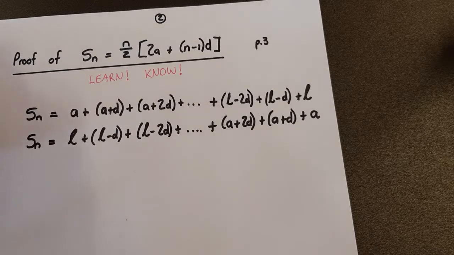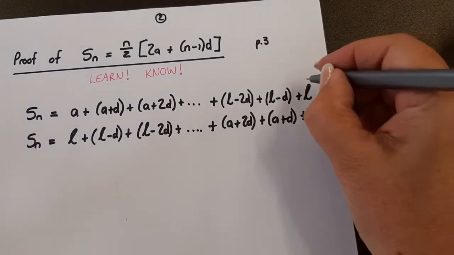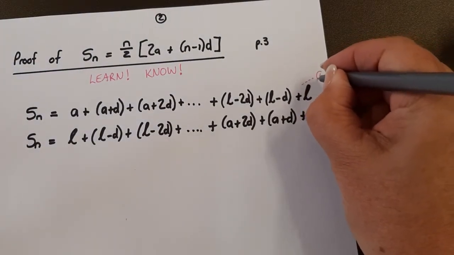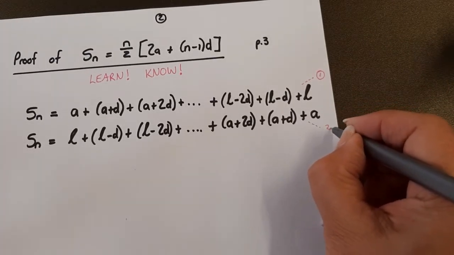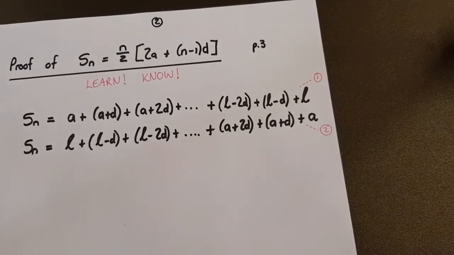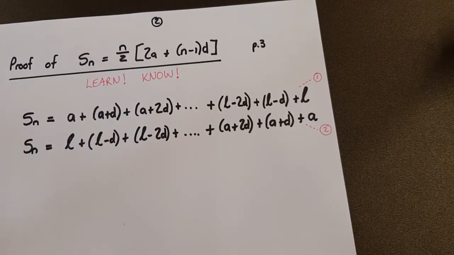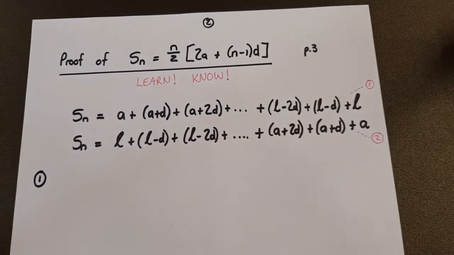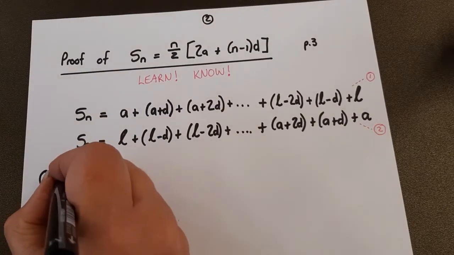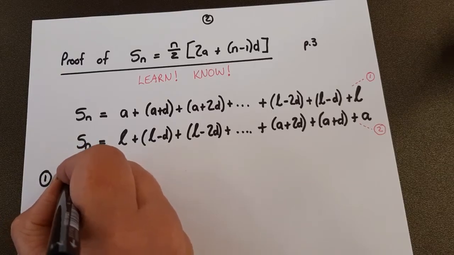Now let's number them. This one is equation number 1 and this one is equation number 2. Now let's add number 1 and 2 together.